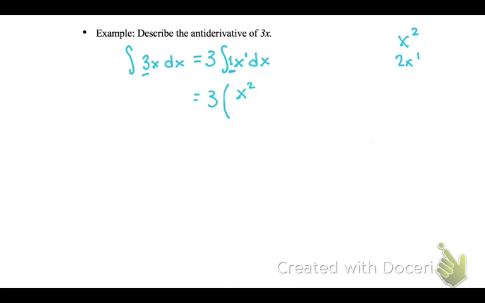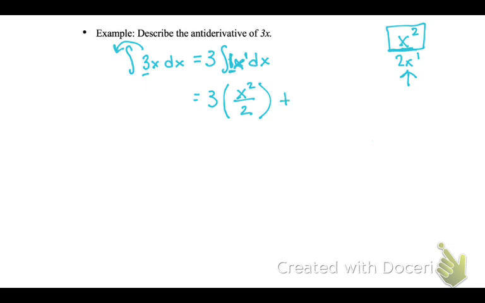So, right here we have the 3. We pulled the 3 out, yes? And you have x to the first, which was x squared. But if I found the derivative of x squared, wouldn't it be 2x to the first? Yeah. So I need to get rid of the 2 to make it a 1, so I have to divide by 2.